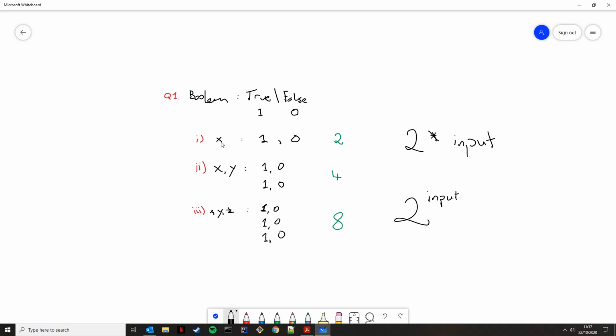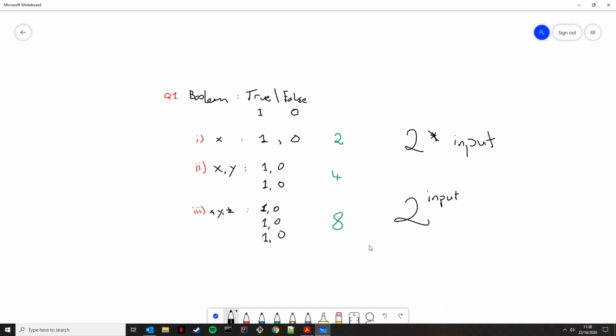So here we have 1 input, so 2 to the power of 1 is 2. Here we had 2 inputs, 2 to the power 2 is 4. Here we have 3 inputs, so 2 to the power of 3 is 8. As we saw with the table we drew out, there were 8 different options. Because you have to represent all the combinations available for X, Y, and Z. Yes, X can be 1 or 0, Y can be 1 or 0, Z can be 1 or 0.